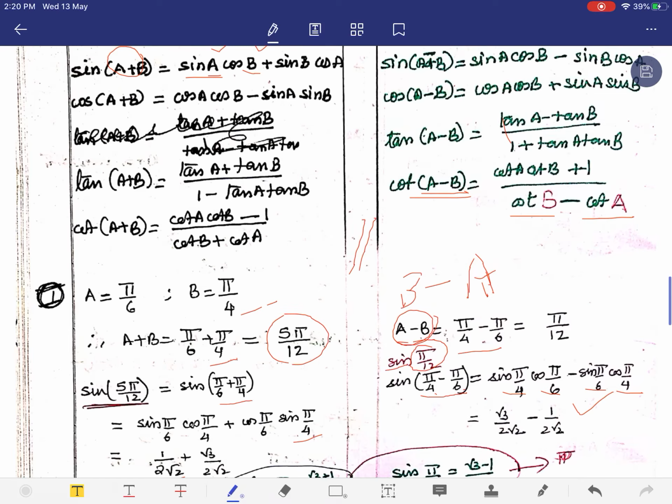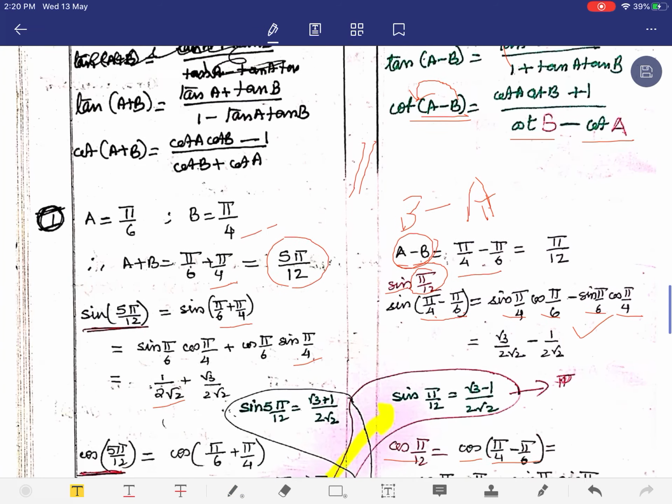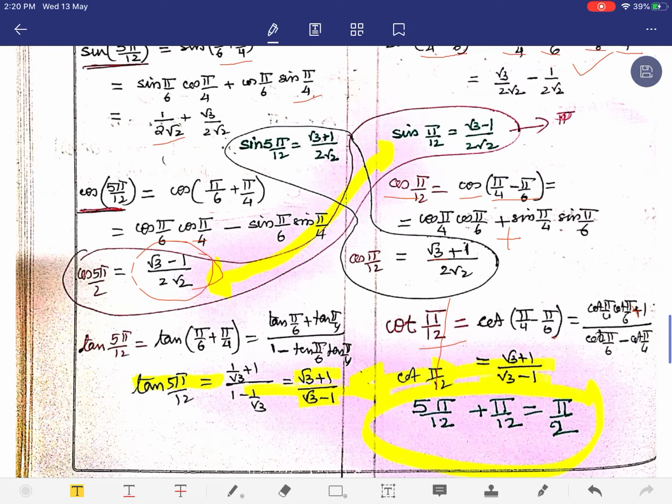You need to remember that it is b minus a that we will have to take up. So, that will be taken up as cot of pi on 6 minus cot of pi on 4, and when you put the values, we get root 3 plus 1 upon root 3 minus 1.